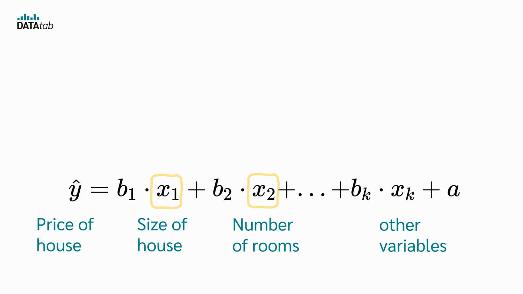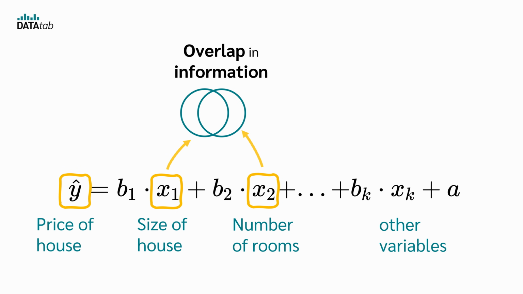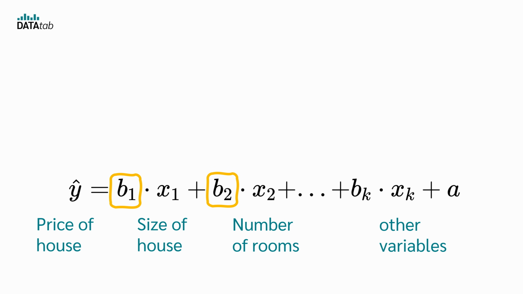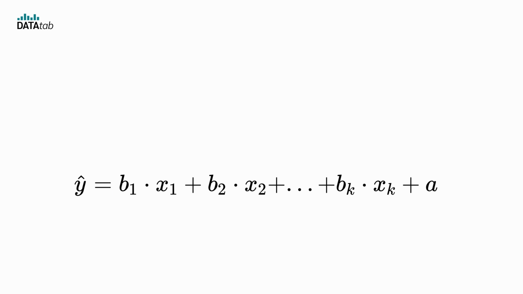If we now include both in our regression model, the model will struggle to decide how much of the price is influenced by size and how much is influenced by number of rooms. This is because they overlap in the information they provide, and this is multicollinearity. In this case, it becomes impossible to reliably determine the regression coefficients.